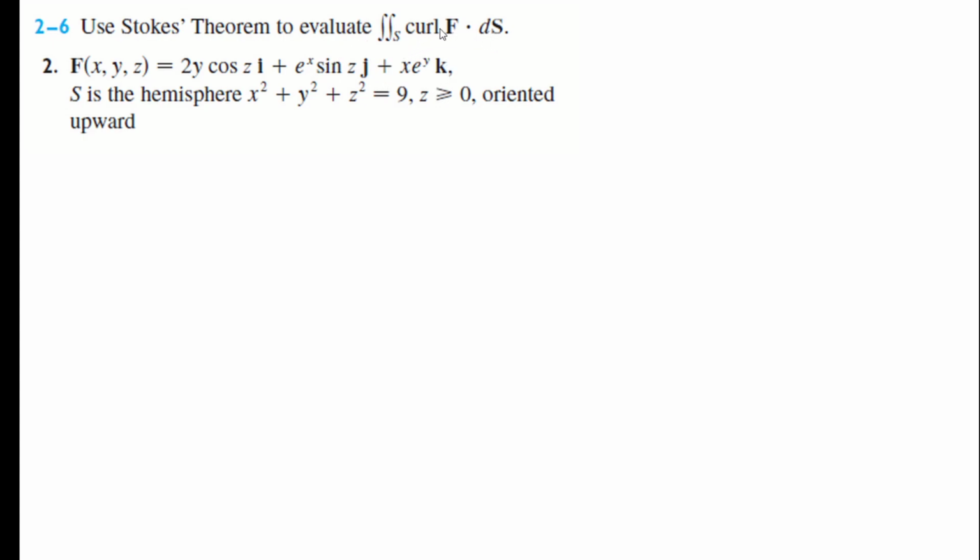Okay, so what is the boundary of this surface? Well, it says it's the hemisphere x squared plus y squared plus z squared equals 9 with z greater than or equal to 0. So my surface is the top half of a sphere.